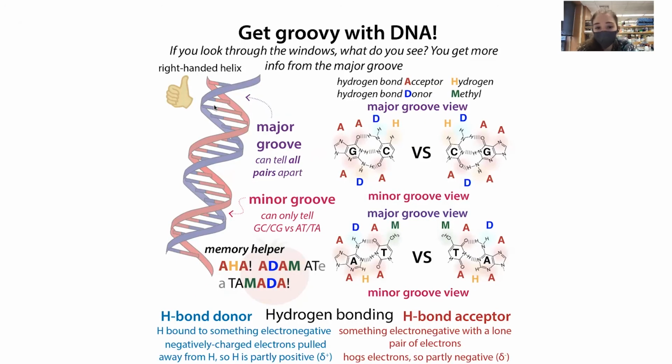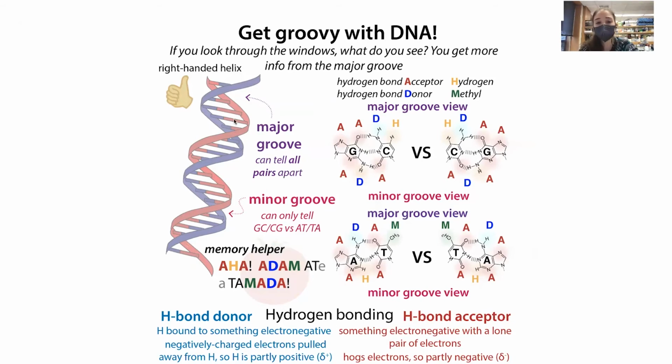So some proteins can read out genetic information without pulling the strands apart, which is great because you don't want to have to pull those strands apart if you don't need to. If you were a protein trying to read out some information, you'd have an easier time accessing the major groove, which is great because the major groove is where you're going to get the most information.